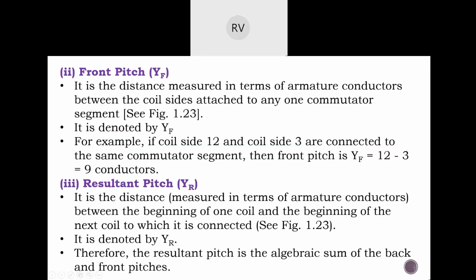Now, the next term is resultant pitch. It is the distance between the beginning of one coil and the beginning of the next coil to which it is connected.